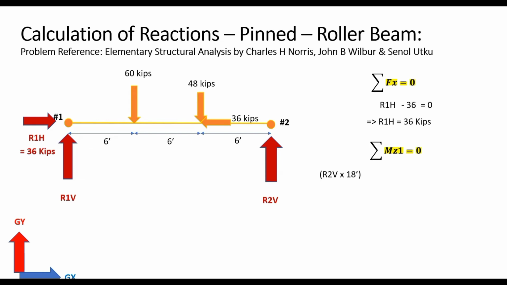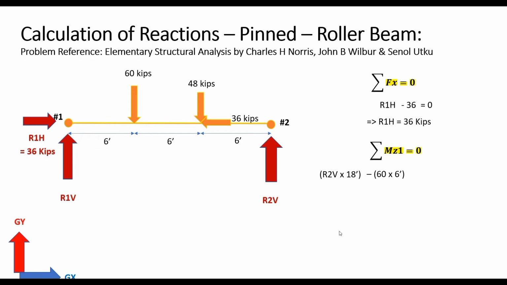The next moment is from the vertical load of 60 kips, which is acting at a distance of 6 feet from node number 1. So the moment would be 60 into 6 feet.